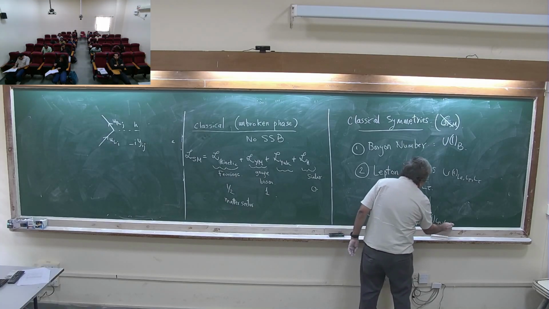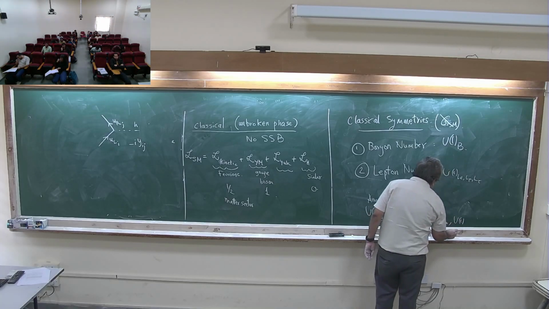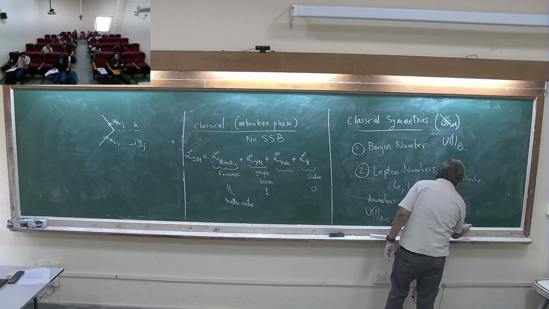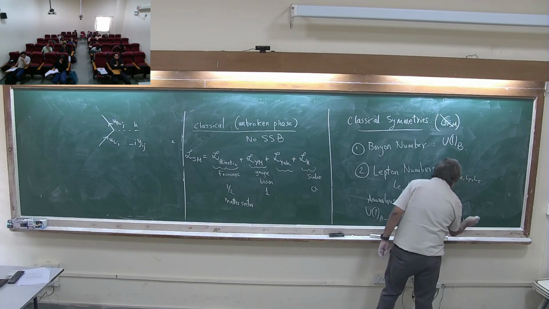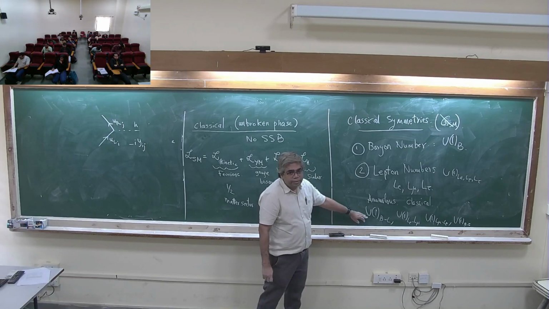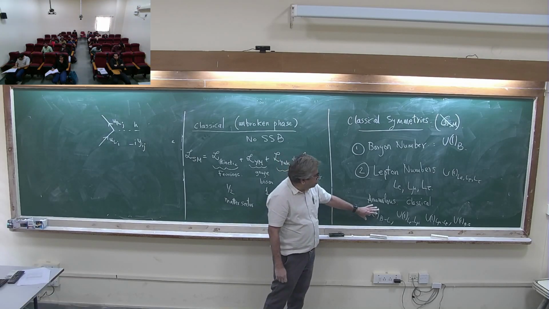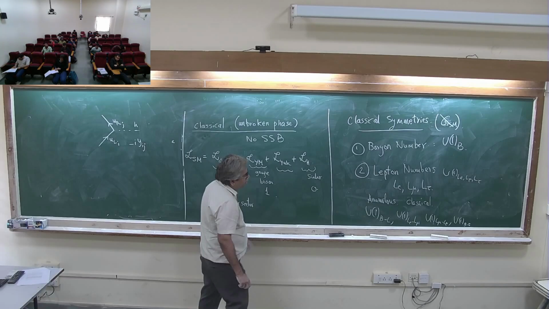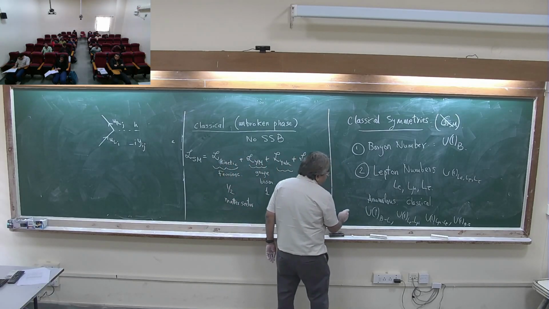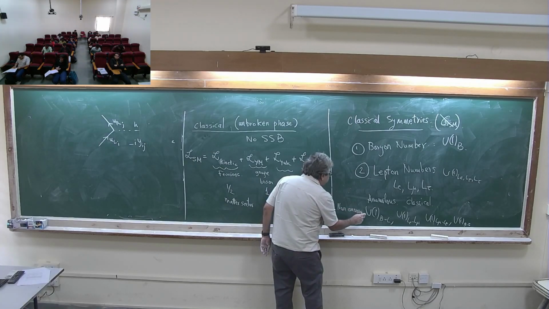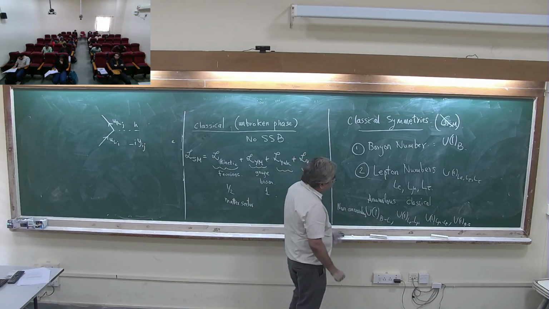These are non-anomalous, which means they don't lead to anomalies. I'll come to it at some point, but just remember that the non-anomalous combinations are linear combinations.